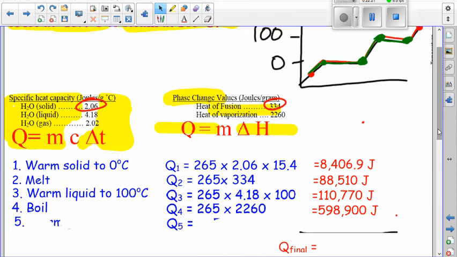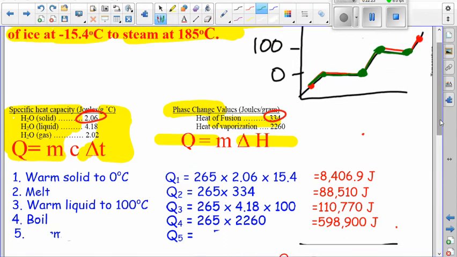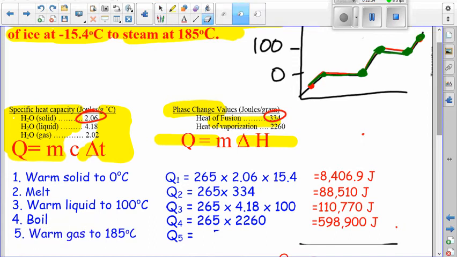And lastly, all right, Zach, as we go from here to here, is there a temperature change? Yes, there is. So we're going to use Q equals MC delta T as we warm this gas. What's our M? 260. What is our C of gaseous H2O? 2.02. Love it.